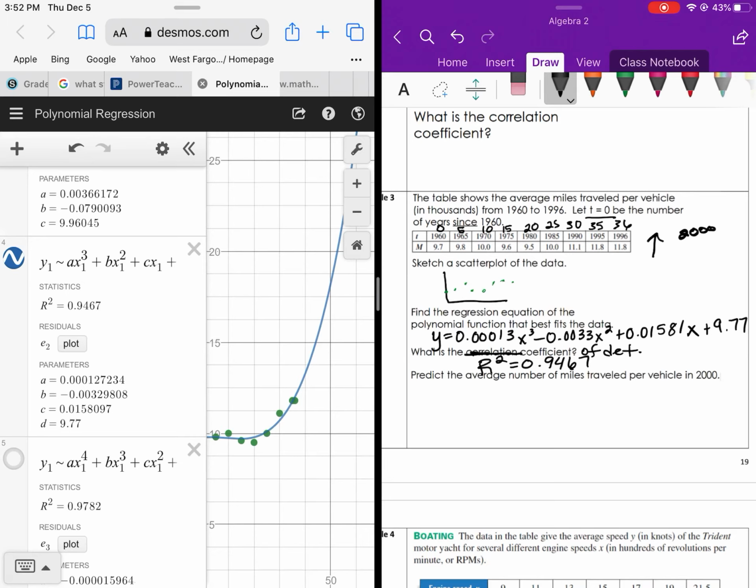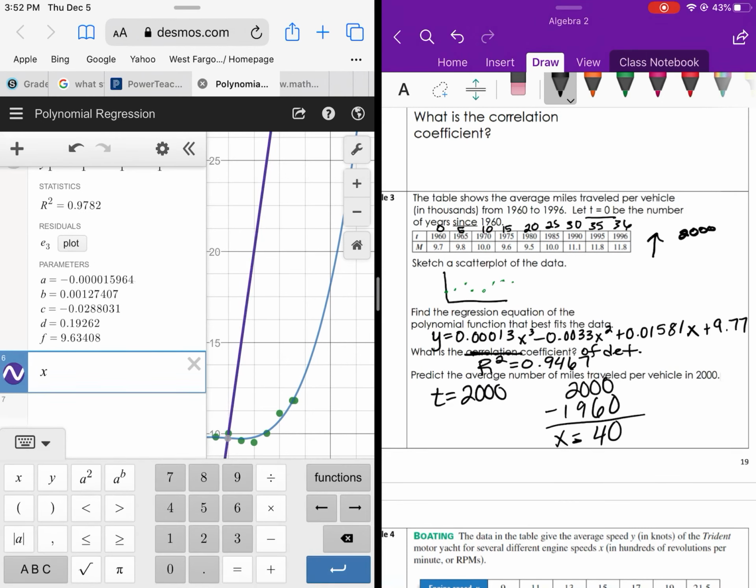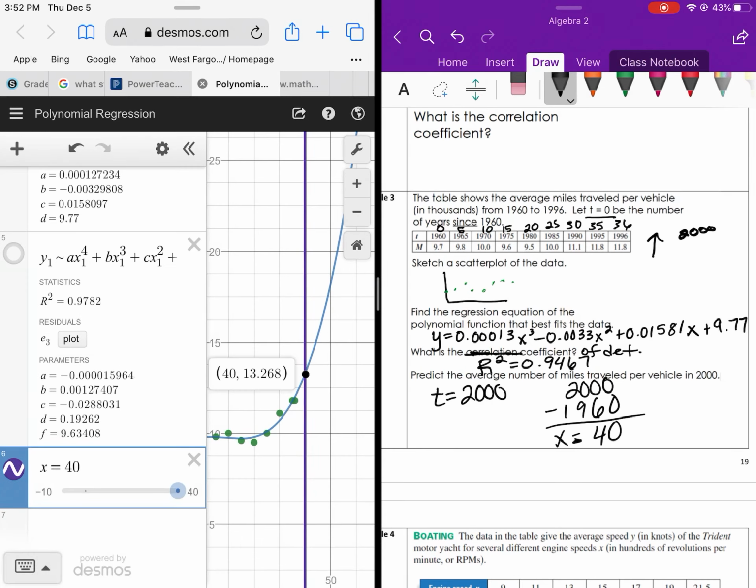Predict the average number of miles traveled per vehicle in the year 2000. So I want to know what happens when t equals 2000 essentially. So 2000 is 40 years since 1960, and I'm using x for my variable. So I want to plug in x equals 40. What if I just plug in x equals 40 here and find where those 2 points intersect?